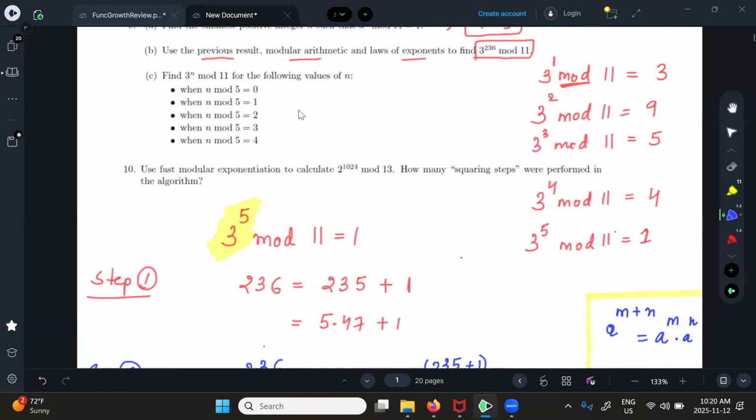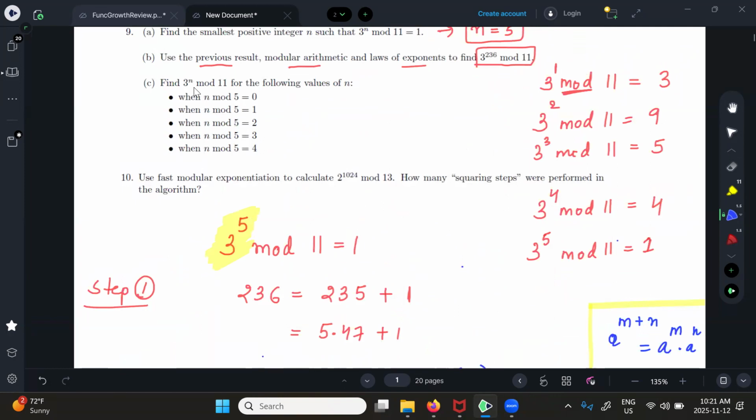Find 3 to the n mod 11 for the following values of n when n mod 5 is 0. N mod 5 is 0 means multiples of 5, right? N is 0, 5, 10, 15, 20, 25, all of them.